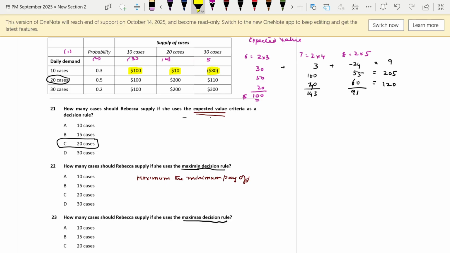Maximum of the minimum payoff, which one do they have to select? 30 cases, 10 cases. How much do they have to select? 10, the maximum of the minimum payoff. 10 cases.